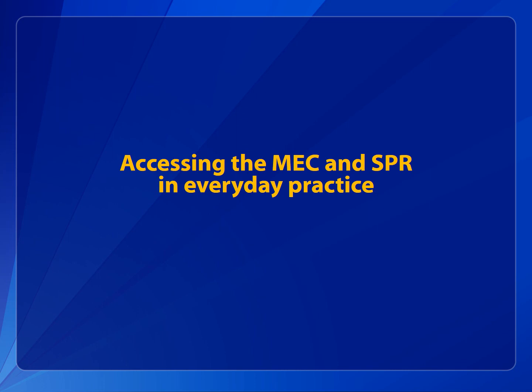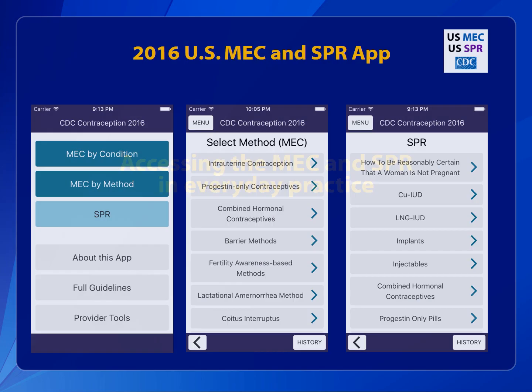I'll now introduce you to some tools that you can use to access the U.S. SPR and MEC in everyday practice. The updated CDC Contraception app for Apple and Android smartphones and tablets now includes both the medical eligibility criteria and selected practice recommendations for contraceptive use in a user-friendly format, with easy navigation between the two sets of guidance.